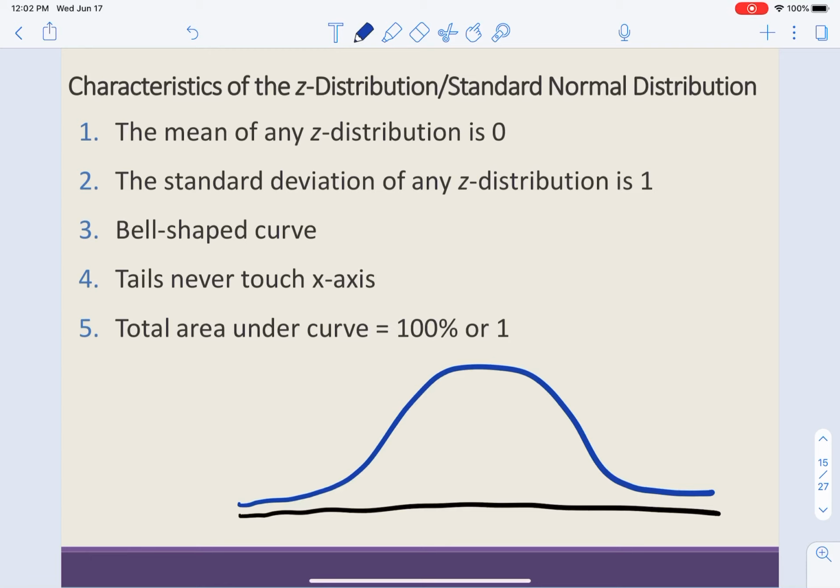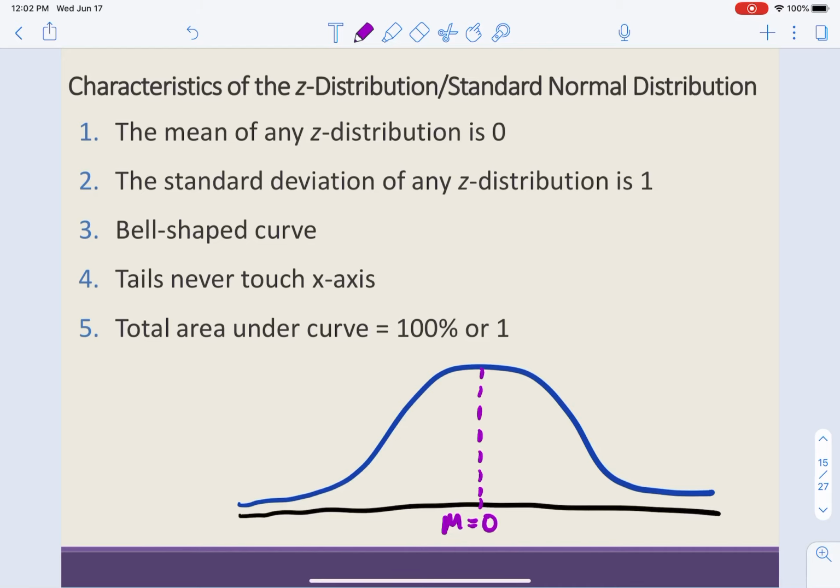But our measure of center, our mean in a Z-distribution, is 0. And the standard deviation of our Z-distribution is 1. So the average amount of deviation away from the mean is 1.